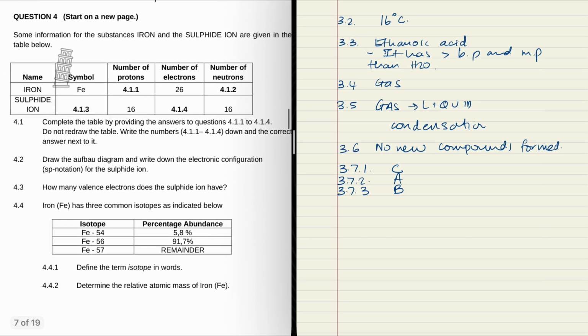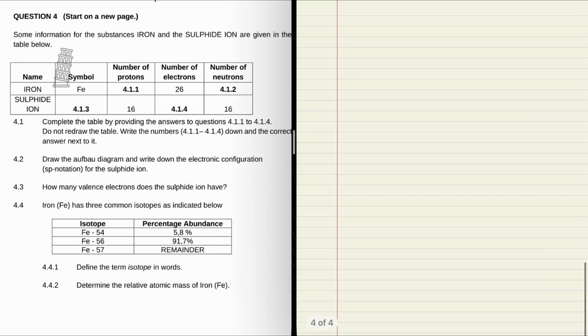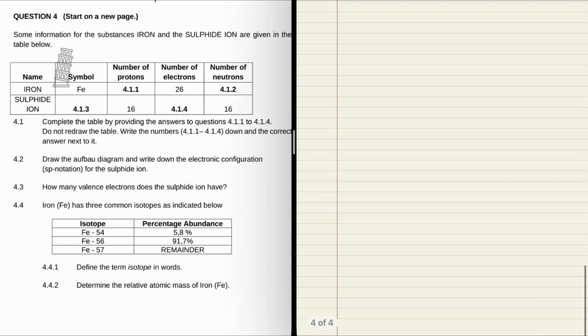Okay, now let's move on to question number 4. Some information for the substances iron and the sulfide ion are given in the table below. Question 4.1. Complete the table by providing the answers to questions 4.1.1 to 4.1.4.